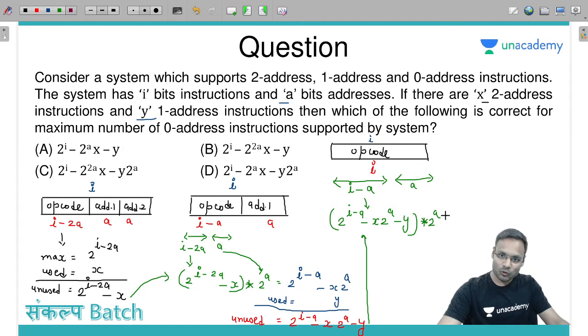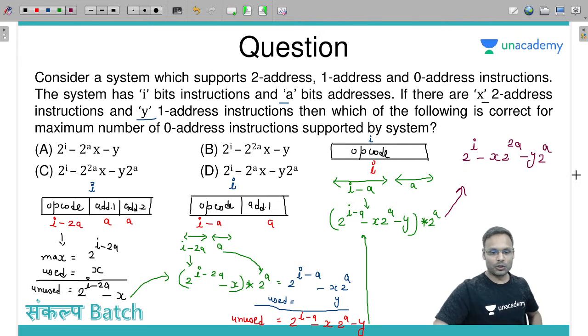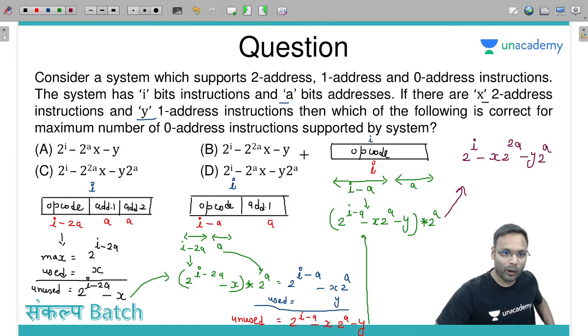Let's multiply this 2 power a inside. You will get 2 power I minus a plus a, which cancels, minus x 2 power 2a minus y 2 power a. That is 2 power I minus x 2 power 2a minus y 2 power a. Answer is C.